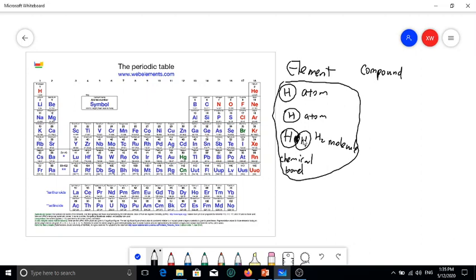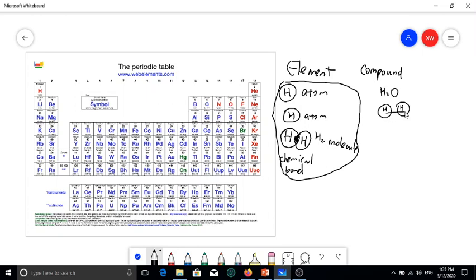Keep in mind the hydrogen molecule here is composed of multiple hydrogen atoms, but there's only one single kind of element. Whereas a compound, for example, water, the formula of water is H2O, which represents there are two hydrogen atoms. Let me use a circle representing a hydrogen atom. Let me use a triangle representing the oxygen atom. The O here is the symbol of oxygen.